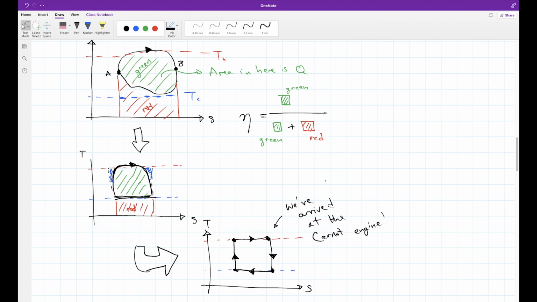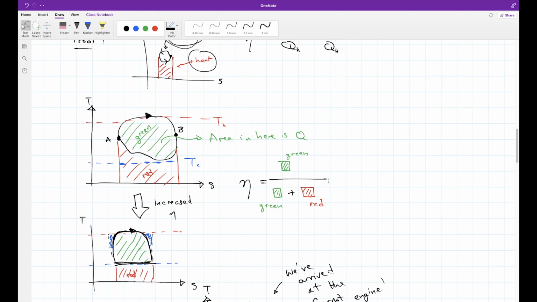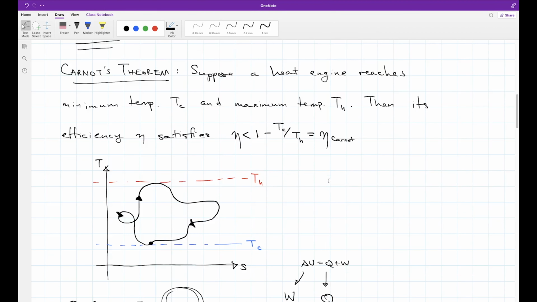Good. But since each of these steps increased efficiency, or at least didn't decrease efficiency, we know that the efficiency of this final system is greater than or equal to the efficiency of the original system. And actually in Carnot's theorem, I should have had this be less than or equal to.